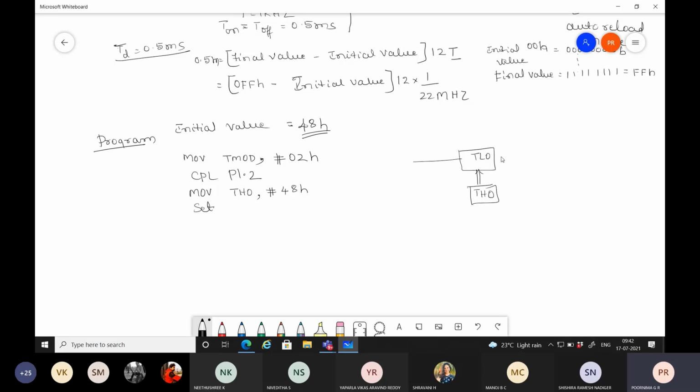This TH0 will be loaded automatically in mode 2, and the TF0, based on that, will be set or reset based on the final count value. Once TF sets to 1, again it will instruct the TH0 to reload this TL0. Hence, you load the initial value only on TH0.